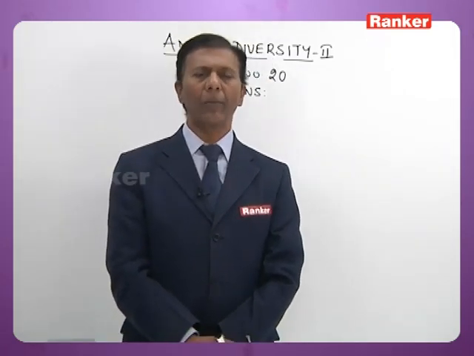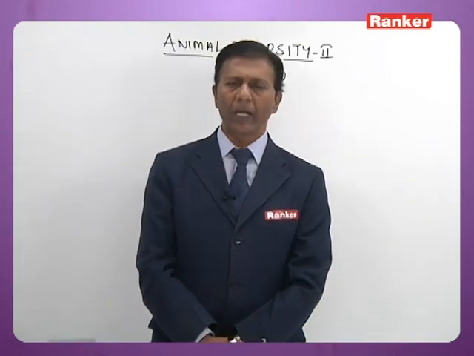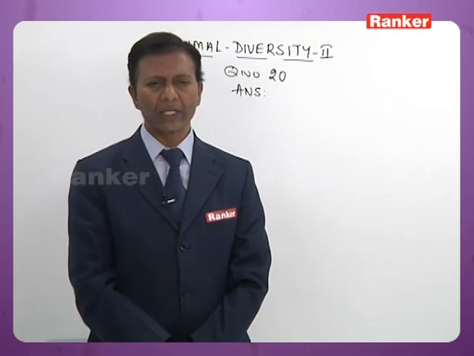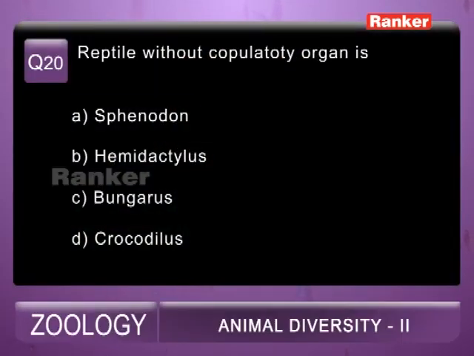It does not have a copulatory organ. But in spite of the absence of a copulatory organ, in sphenodon fertilization is internal. So, the 20th question's correct answer is A, sphenodon.